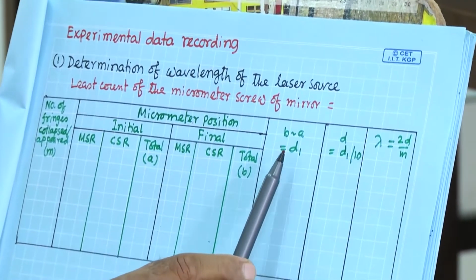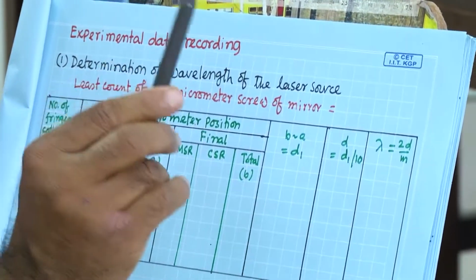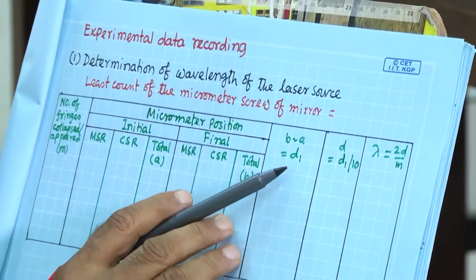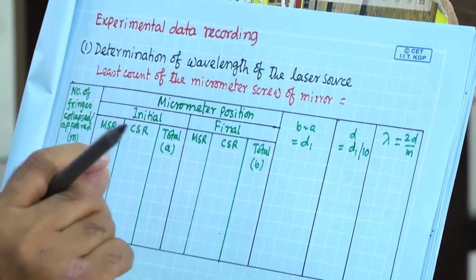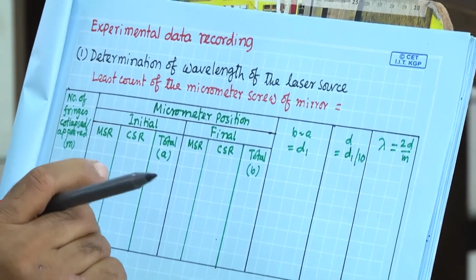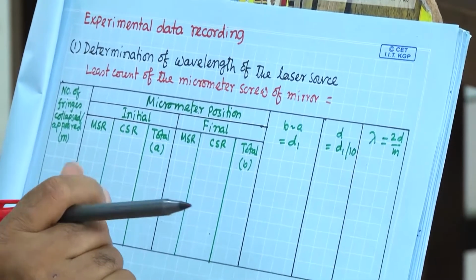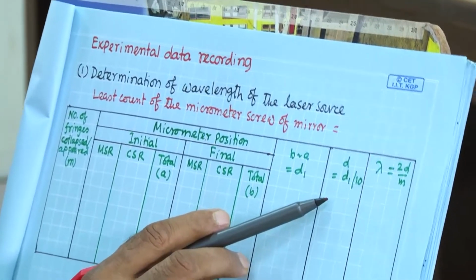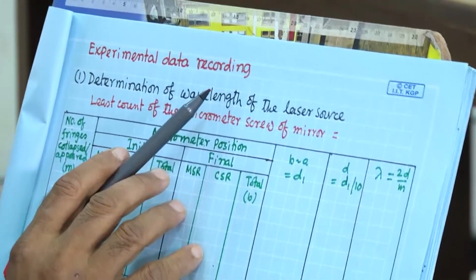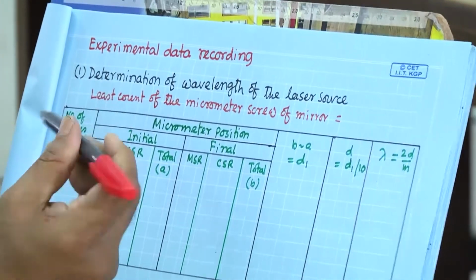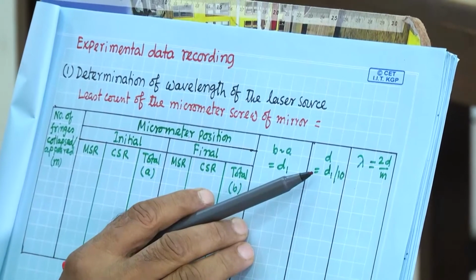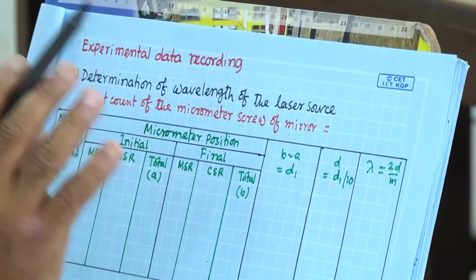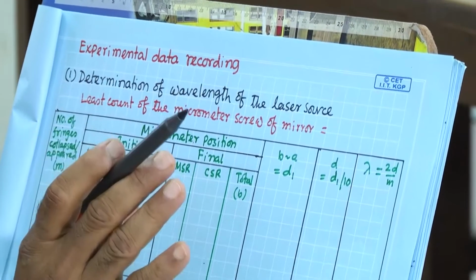I am writing D1 because in this micrometer, whatever reading we get from the micrometer, the actual change is different. That is the lever action basically; the actual change is 10 times less.